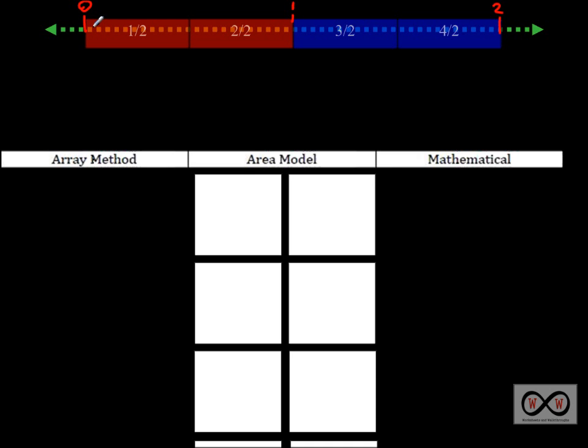Now, you can always compare fractions on a number line to linear distance. If you were to run a race, I've used this example before, you start here at the starting line and you travel 1/2 a kilometer and then another, or 2 halves of a kilometer, and you'll get to 1 whole kilometer.